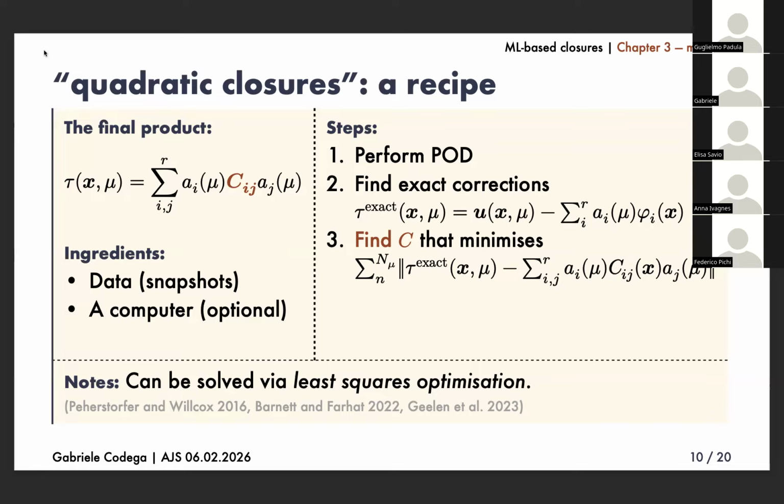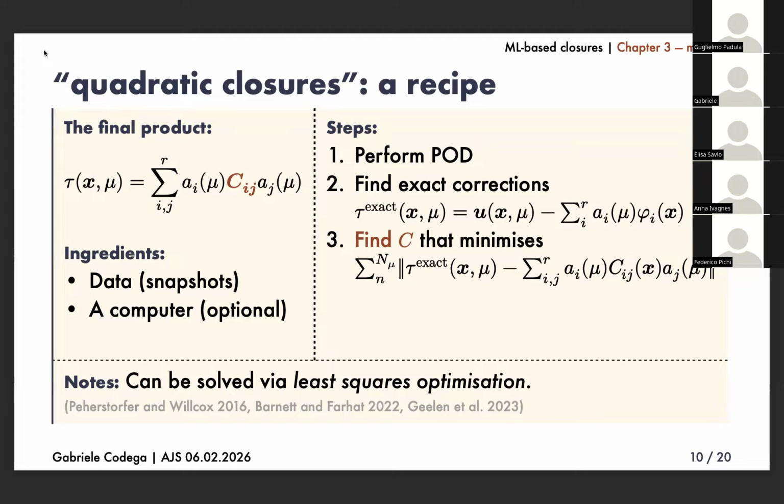So this is the full order solution, which is data for you. Trust me, that's okay. This is data for you. So this is something you know, something you have. You simply compute the difference between what you have and the approximation through POD, right? And that's your exact correction.